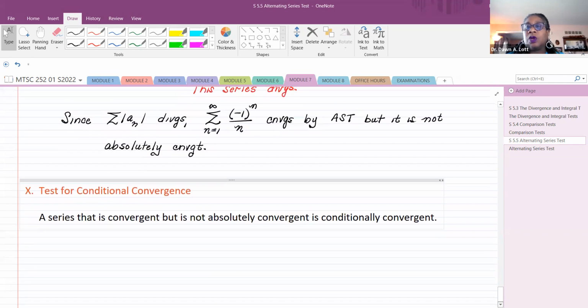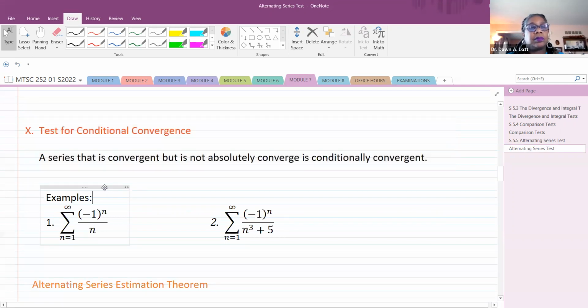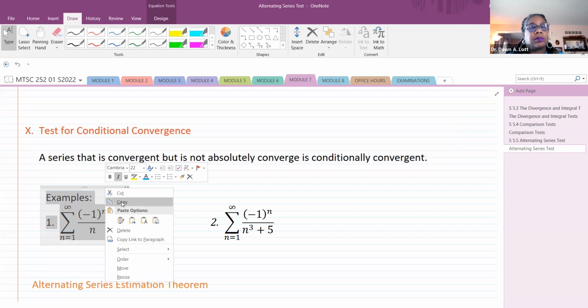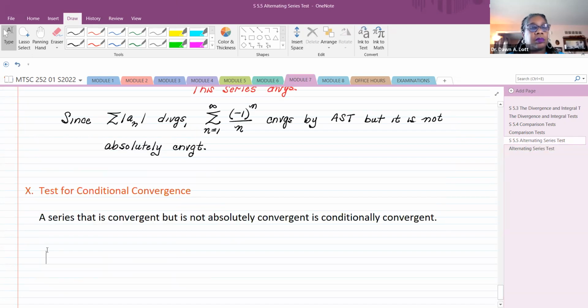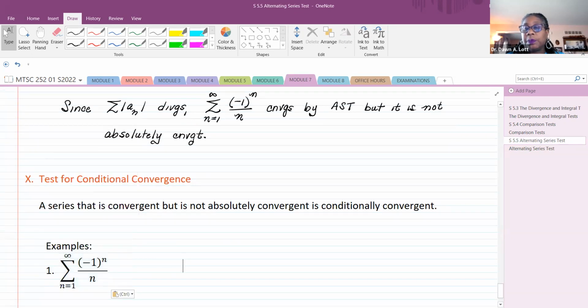In our last example, we did this example.